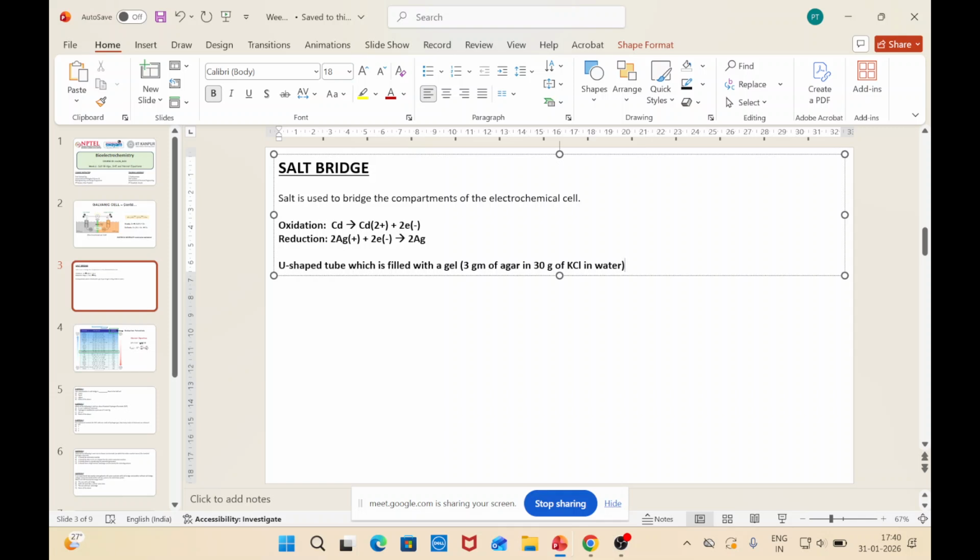Here the concentration of the potassium nitrate that we are going to use is going to be very high in comparison to the concentration of the salt that you have in the electrolyte in either of your anodic and cathodic compartment. So my question is, what is the need, or why is it that the concentration of the potassium nitrate in the salt bridge needs to be very high in comparison to the salt concentration in the anodic or the cathodic compartment.